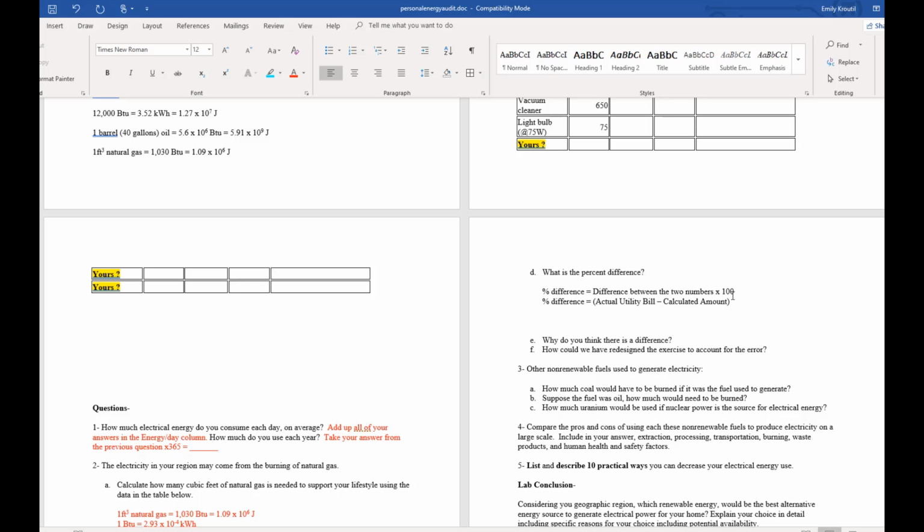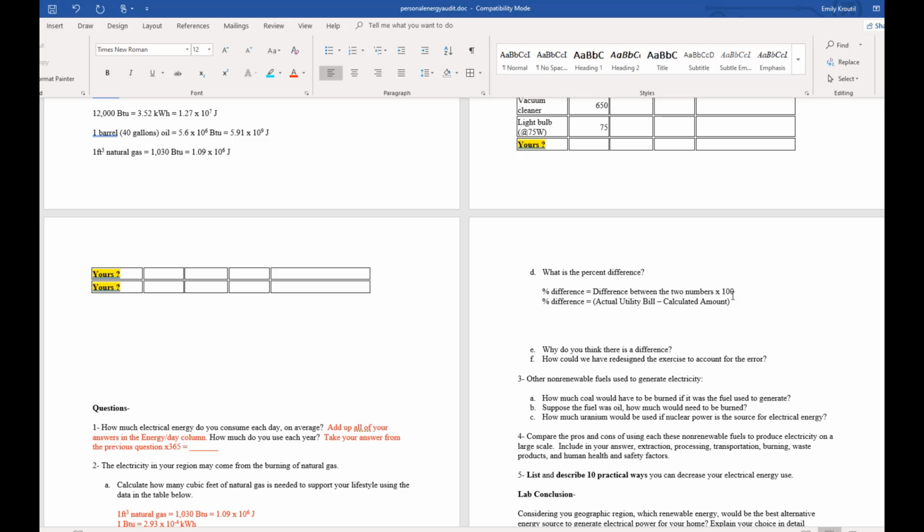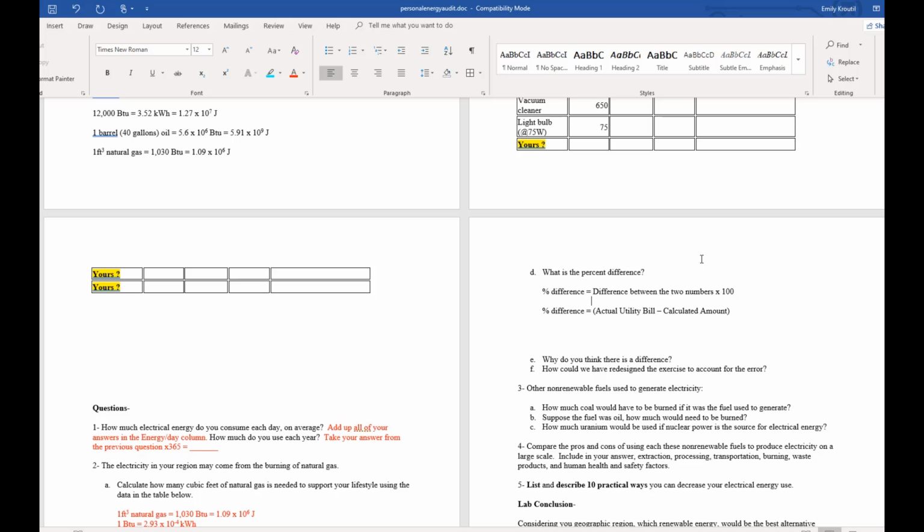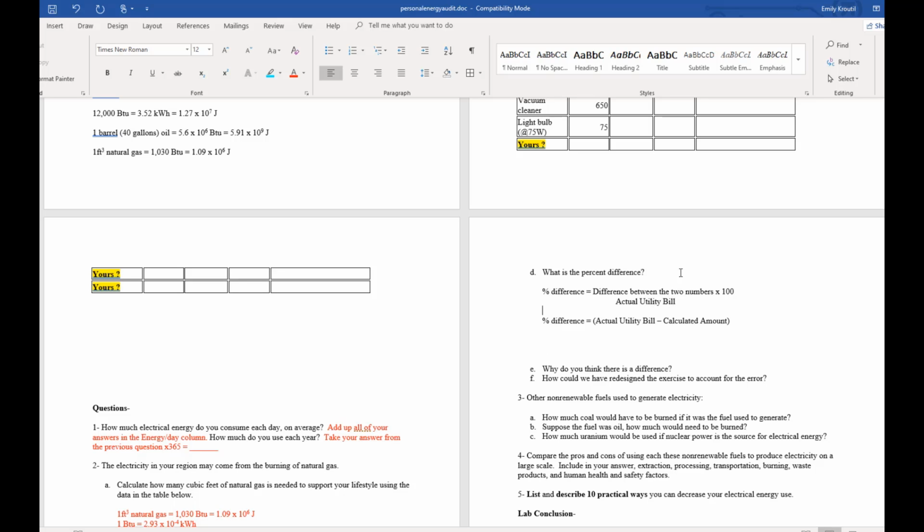And then you'll divide that by your old value. Let me get this right. Okay, so we would write it like this.